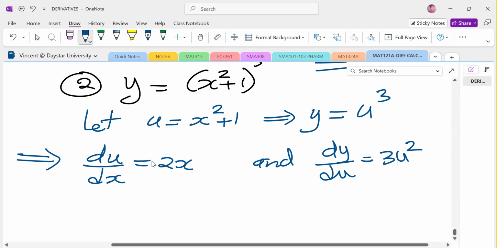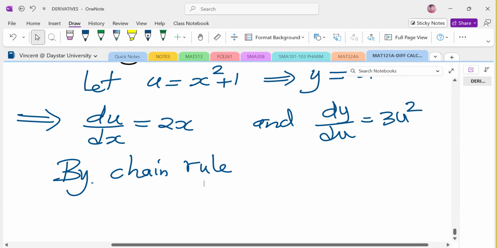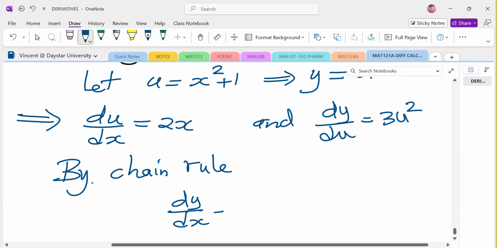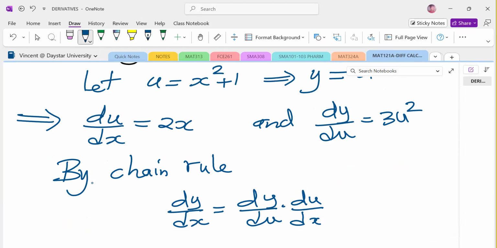So therefore, by chain rule, dy dx is given by dy du times du dx. So dy du is the same as 3u squared. Du dx is the same as 2x.